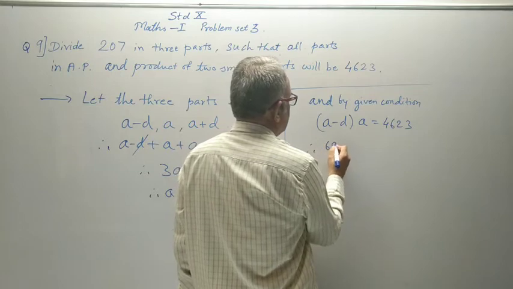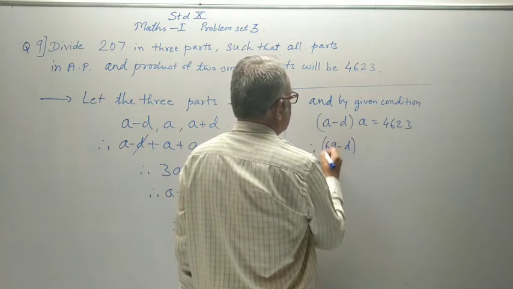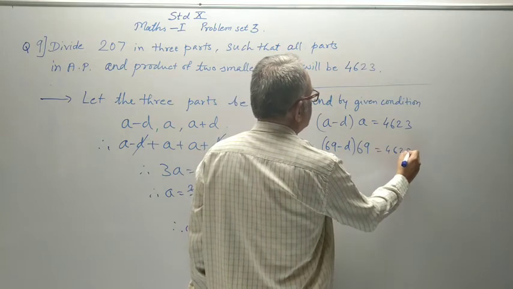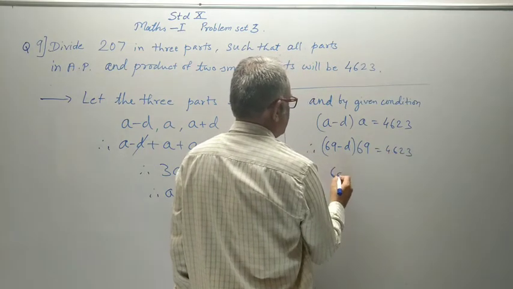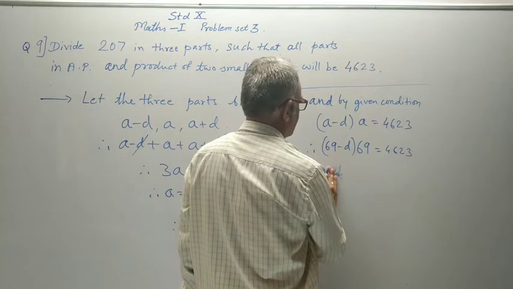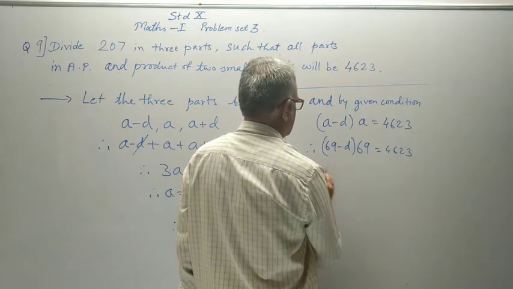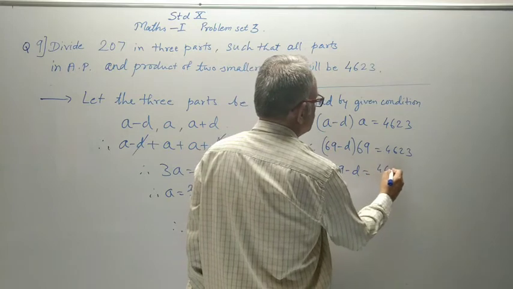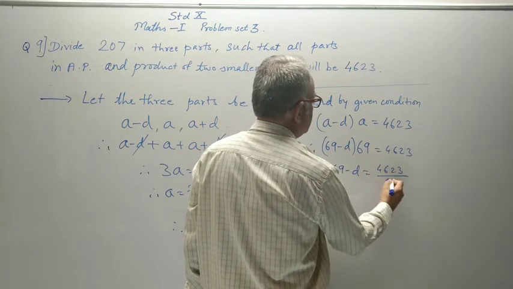Therefore, 69 minus D multiplied by 69 equal to 4623. Therefore, 69 minus D equal to 4623 upon 69.